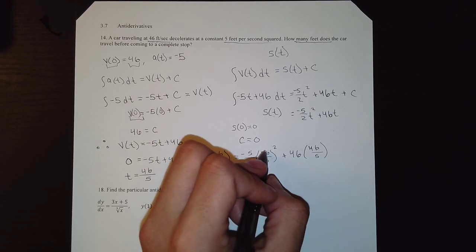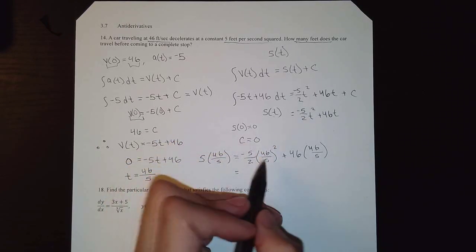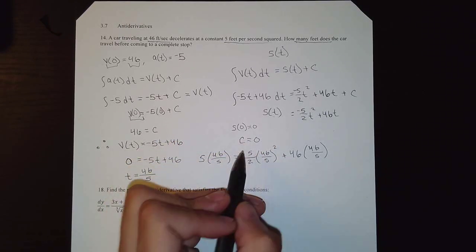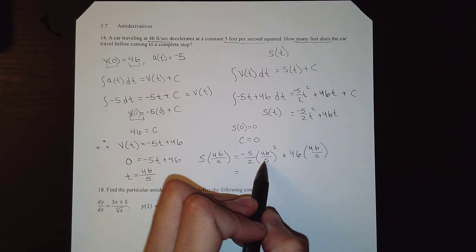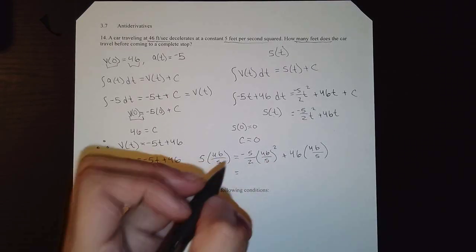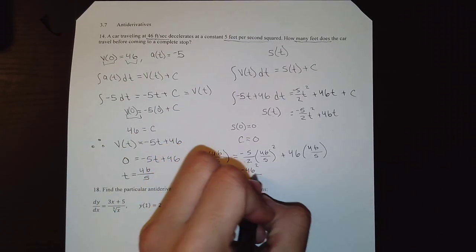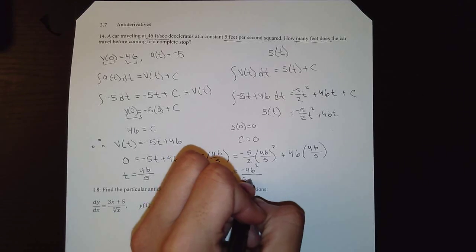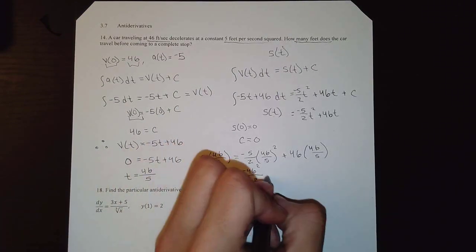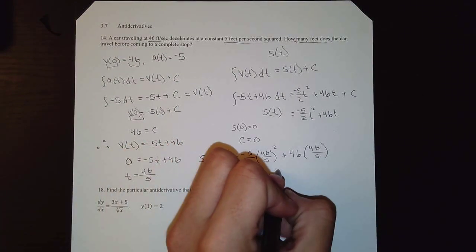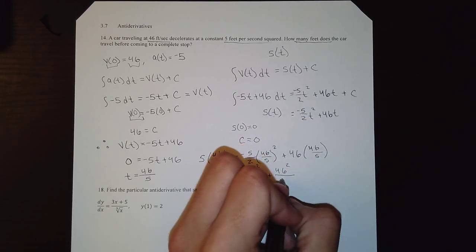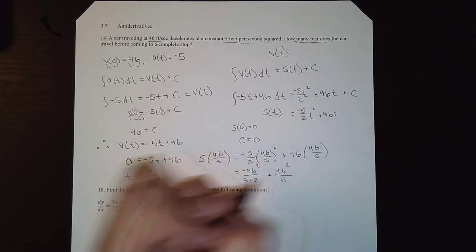So I know that this becomes 46 squared over 5 squared. But a 5 divided by a 5 squared, you're just left with 1 5 on the bottom. So I would have a negative 46 squared left on the top divided by 5 times 2. And then add that to 46 squared over 5.